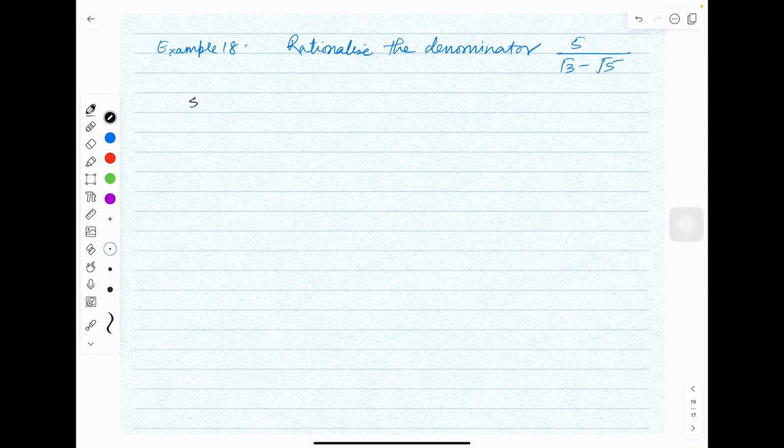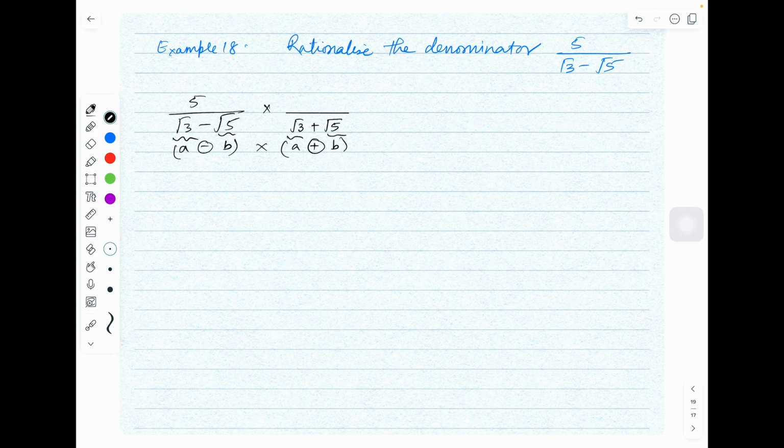So this is a, this is minus, this is b. So you have to multiply it with a plus b, which is root 3 plus root 5. Already we know a minus b into a plus b equals a square minus b square.